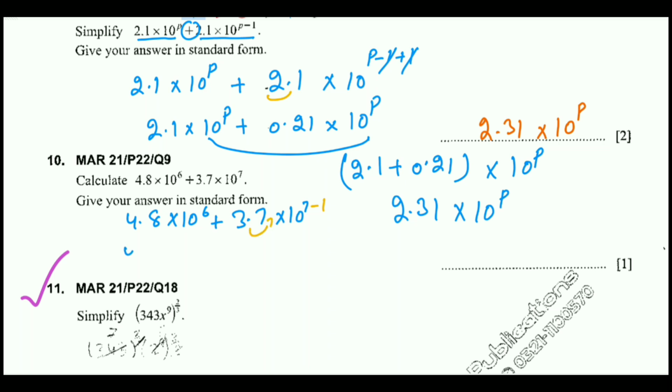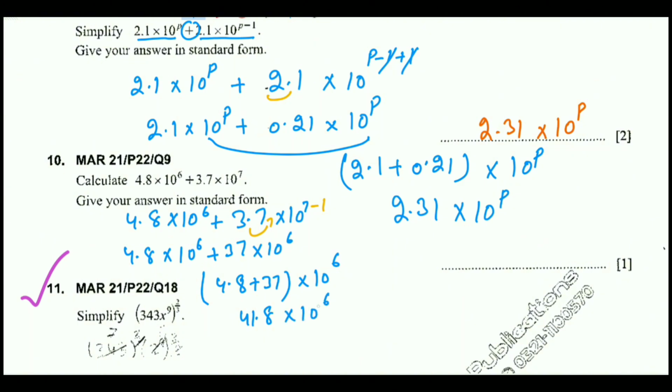It will become 4.8 multiplied 10 raised to power 6 plus 37 multiplied 10 raised to power 6. You can say 10 raised to power 6 are the same now. Next step is 4.8 plus 37, and multiply 10 raised to power 6 will be written as it is. 37 plus 4.8 is 41.8 multiply 10 raised to power 6.